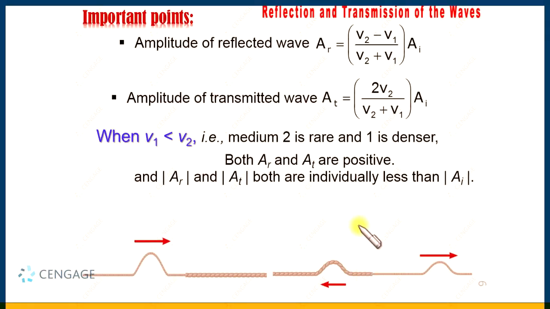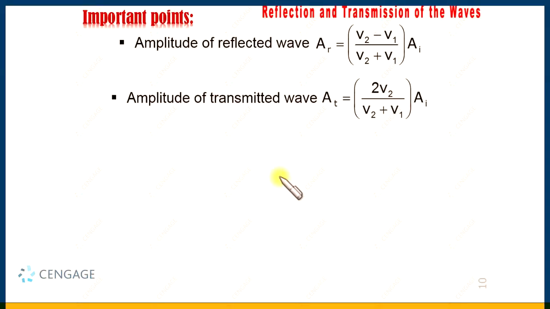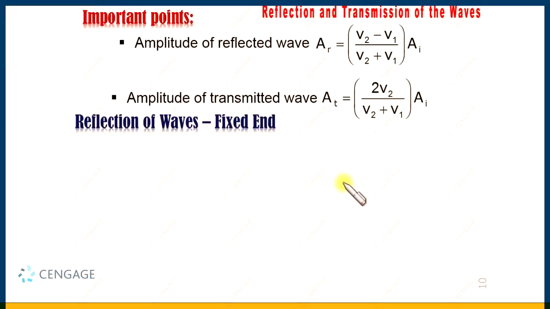Okay, now let us consider one very important case, that is the reflection of the wave from a fixed end. Suppose we have one string and the string's final end is tied to a fixed support or rigid support like this. This is the fixed support or rigid support.